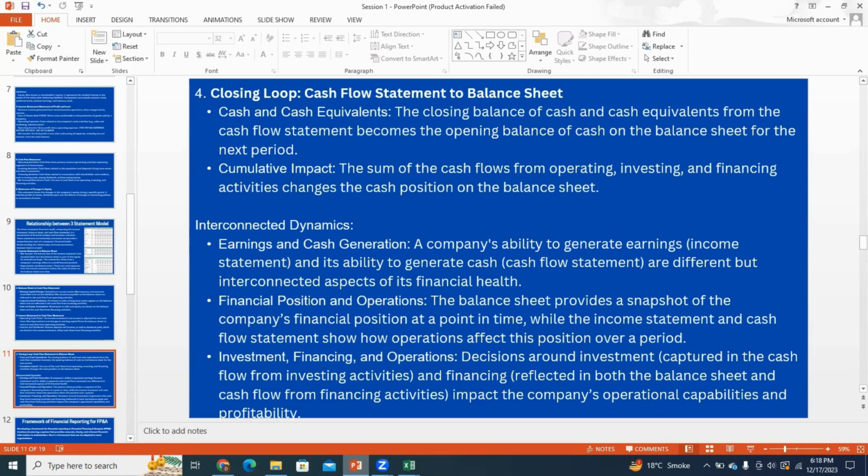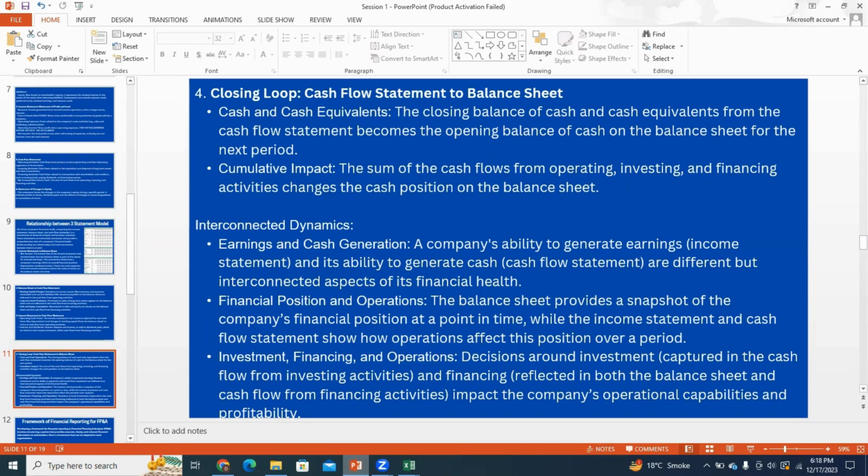As it states further, while the income statement and the cash flow statement show how operations affect this position over the period, it shows how the company stands over time and how well it performed. This is shown using the income statement and cash flow, while our financial position, or balance sheet, shows where the company stands now along with the historical results, investing, financing and operations.